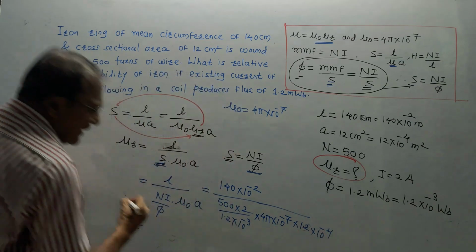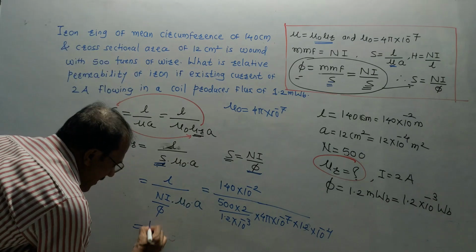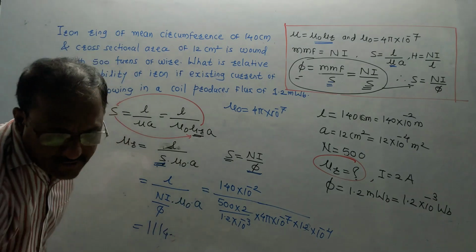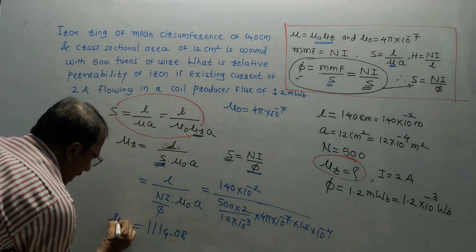You just have to solve this equation on the calculator and answer will be 1114.08. This is the value of mu r.